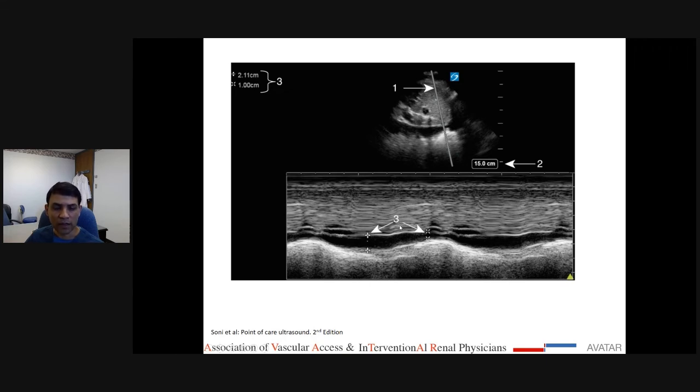The number 3 points to two particular areas, this area right here where my cursor is the IVC. And what you're seeing is the IVC showing narrowing of diameter and enlargement of diameter with respiration. The measurements of these corresponding areas are shown on the far left of your screen. So the minimum diameter is 1 and the maximum diameter is 2.